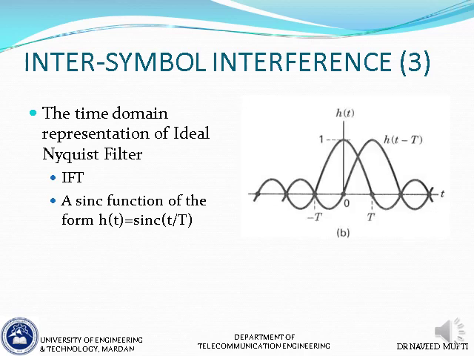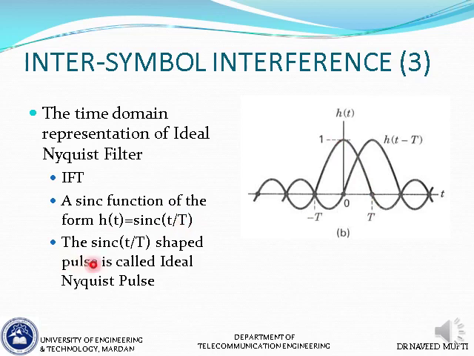So that's what we get. So the equivalent of rect in frequency domain, in time domain, is a sinc function, as you can see here. Okay, so this is that sinc with its zero crossing at T and then multiples of T. So a sinc function of the form h of t is equal to sinc of t by capital T. That's what we get in time domain.